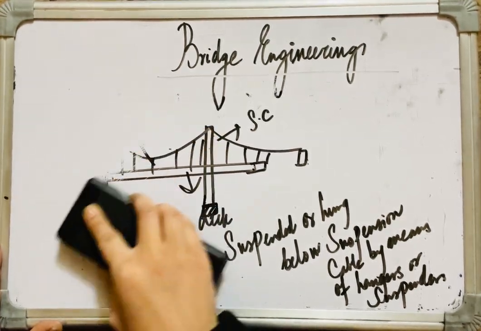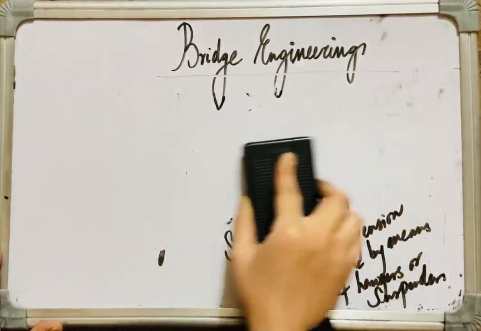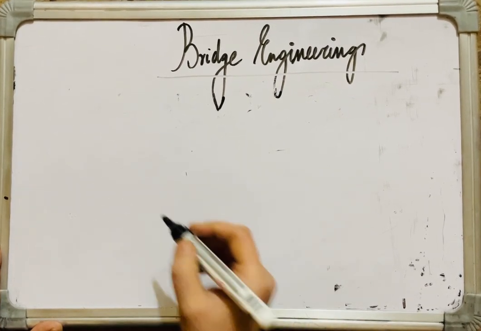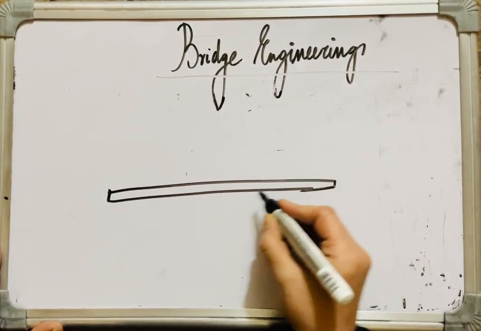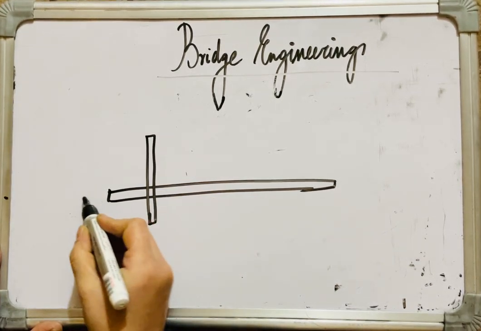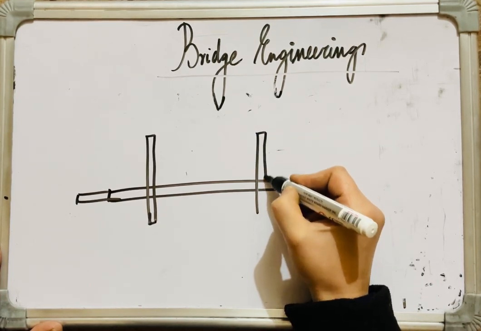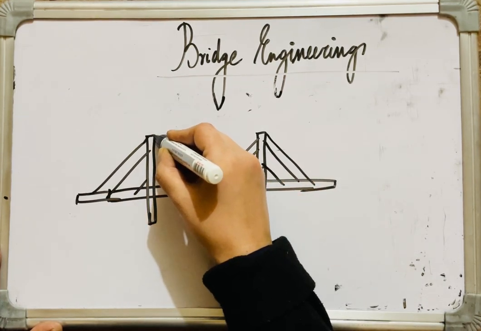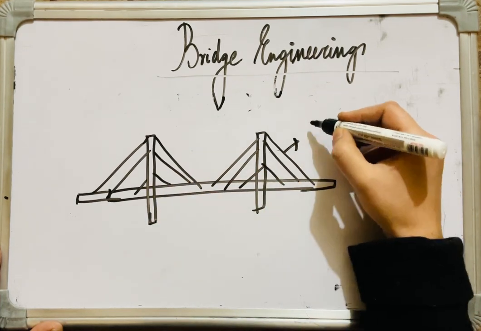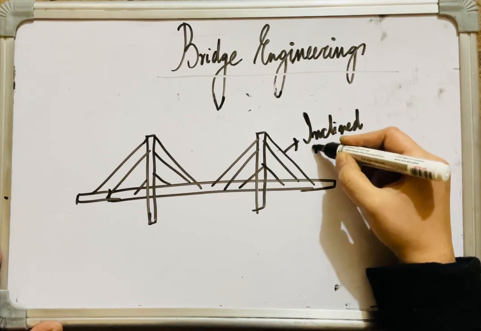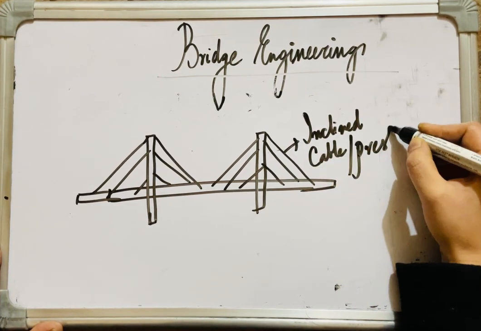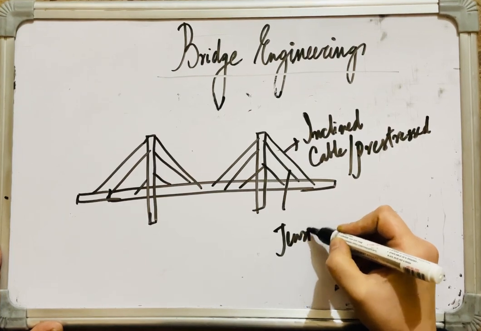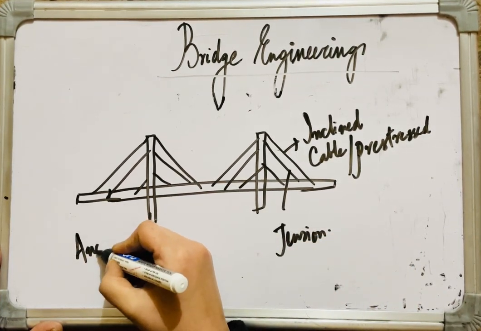Then thereafter we studied the cable stayed bridge, in which the bridge deck is also suspended by means of these inclined cables, which are pre-stressed and are always in tension, and they remain anchored between 2 points.